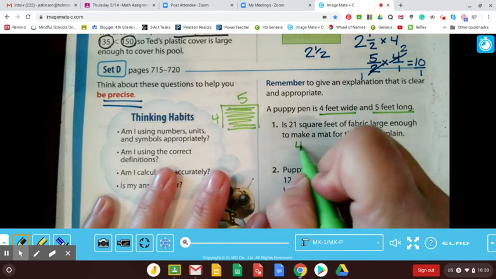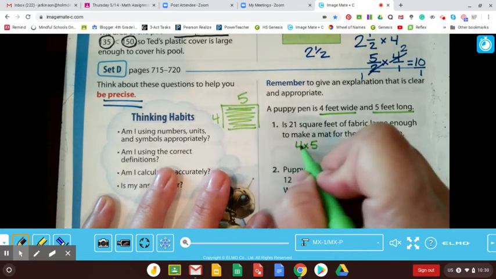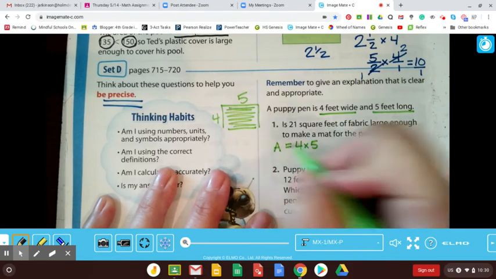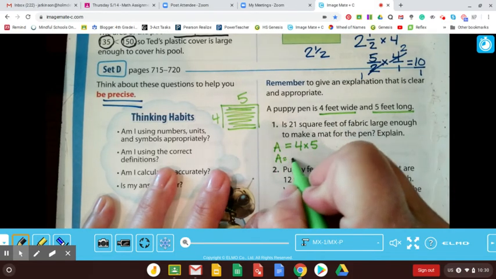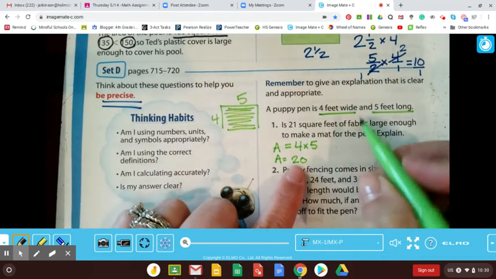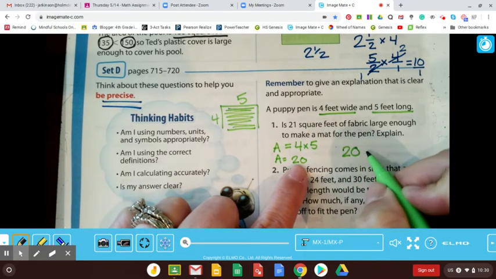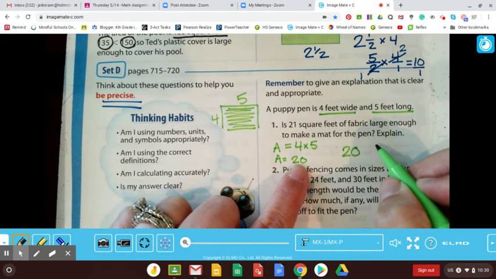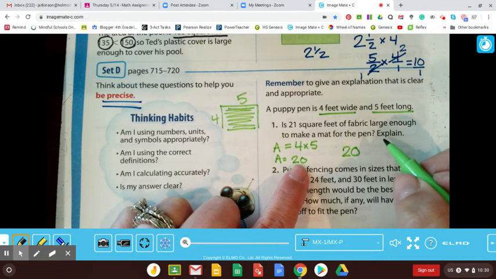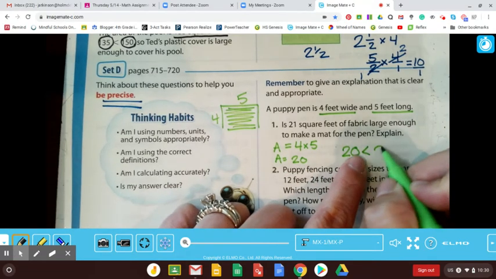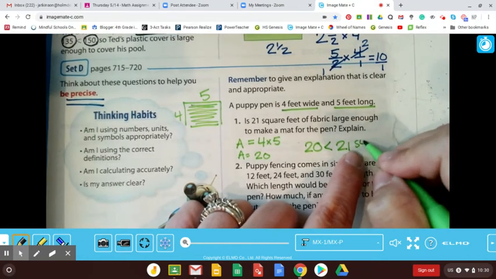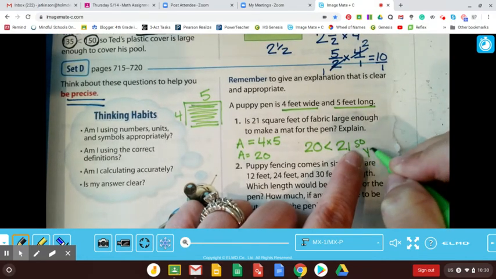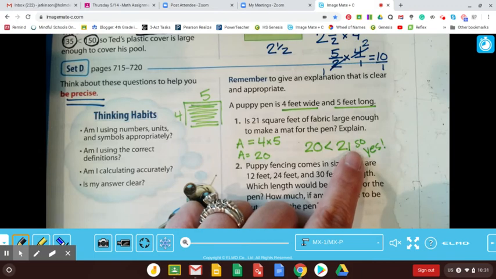So 4 times 5, length times width, will give us the area. So our area is 20. So we know that 20 is what we have, and we have 21 square feet of fabric. So yeah, it's going to be fine, right? 20 is less than 21. So yes, it will be enough.